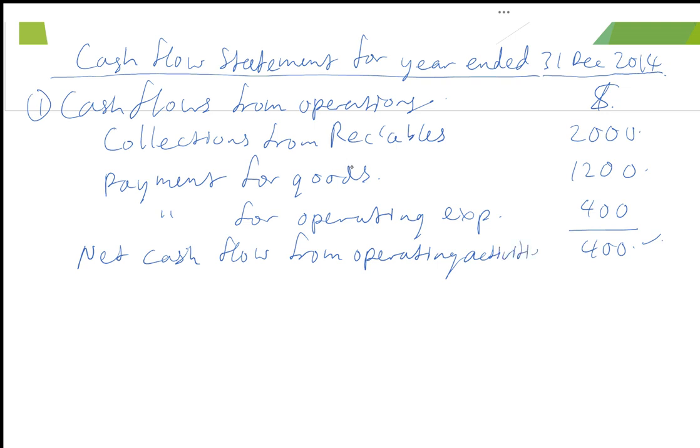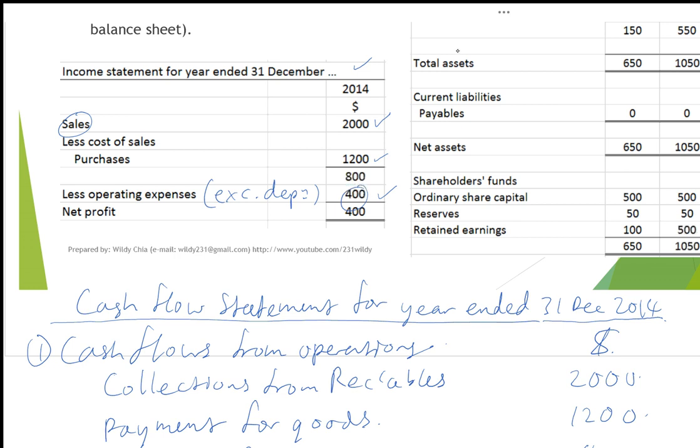So that's very simple. Alright, now it is simple also because we know for sure that there are no credit purchases, as you can see here. No credit purchases. That's why I could confidently emphasize to you that the purchases are on cash basis, so are the operating expenses.